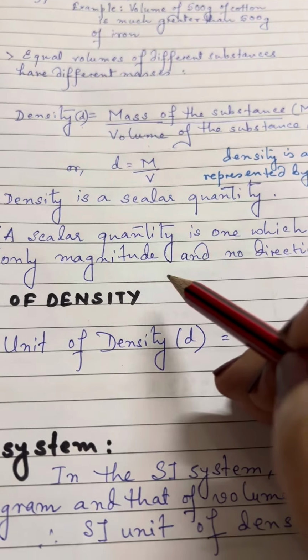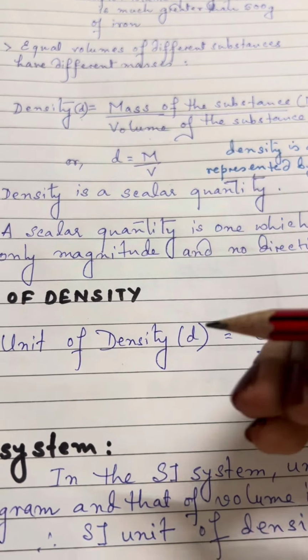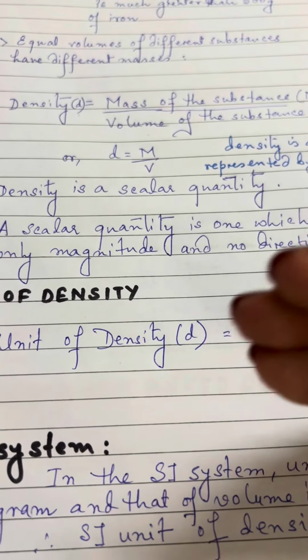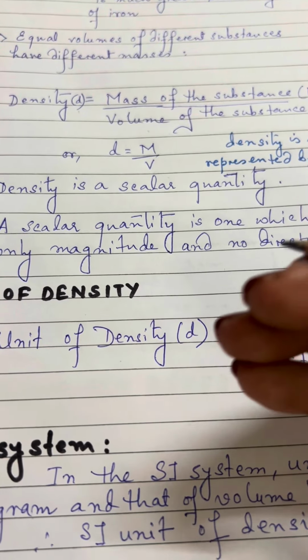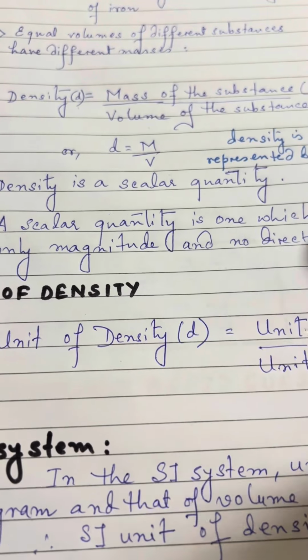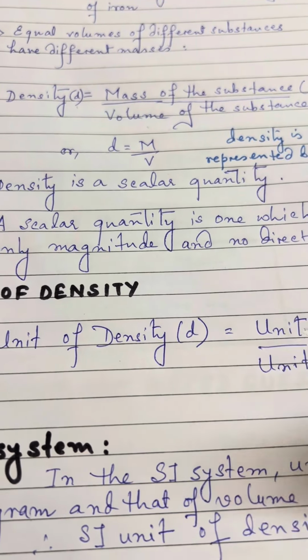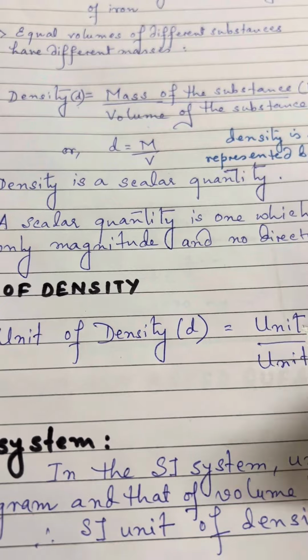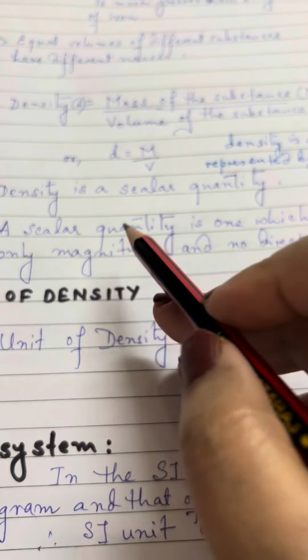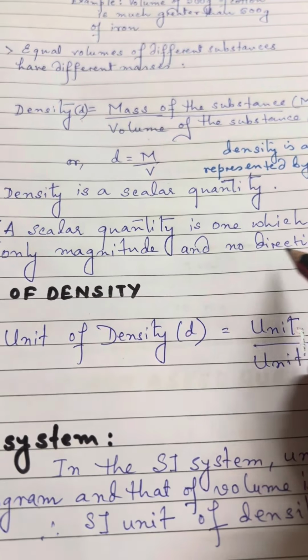For example, if you go to buy some grocery and you say that I want 1 kg of sugar, you don't say that I want 1 kg of sugar in the east direction or the west direction. You don't specify the direction because mass is a scalar quantity. Similarly, density is a scalar quantity as it has no direction.